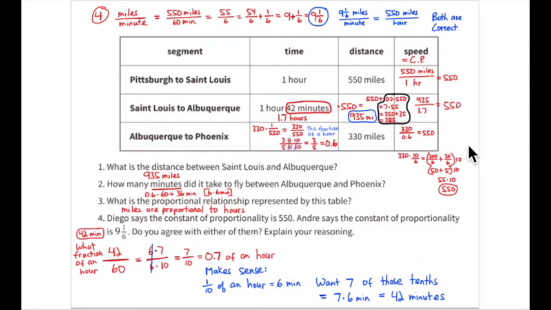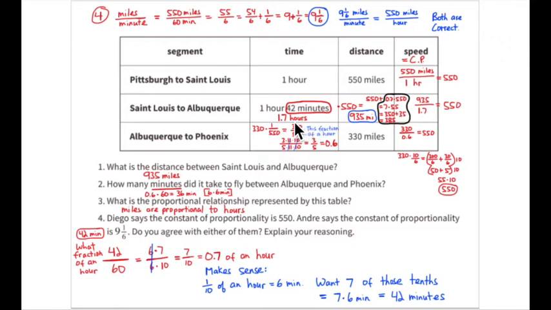through the answers. All right, so if we change this to 1 7/10 hours, remember that it's 550 times that 1 7/10 hours. So for every unit of time, the distance is 550 times the number of units, or 550 times this 1 7/10.